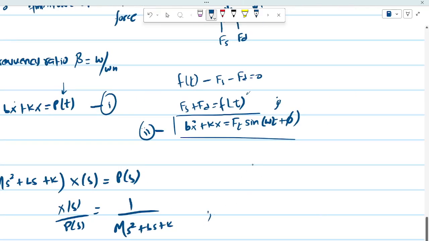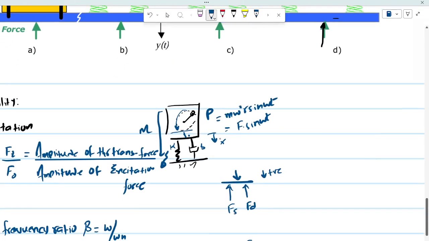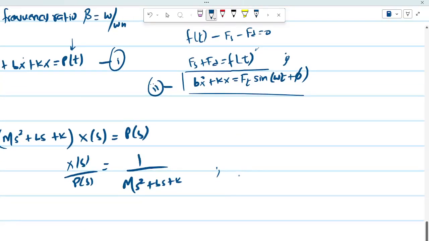Now for the second system, we know that because of this force generated by the unbalanced mass, the system will move in the downward direction, or it will excite in a particular direction, and that excitation is causing the transmitted force.